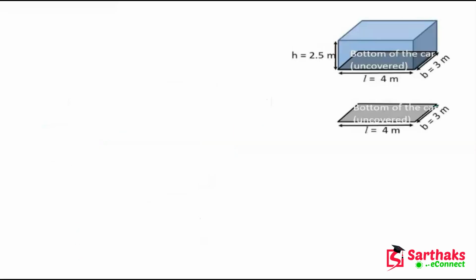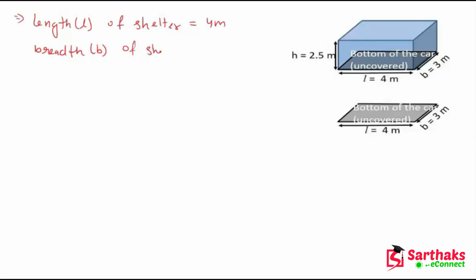First of all, the length L of the shelter is 4 meter, the breadth B of the shelter is 3 meter, and the height H of the shelter is 2.5 meter. We need to find the area of the cuboid shelter.